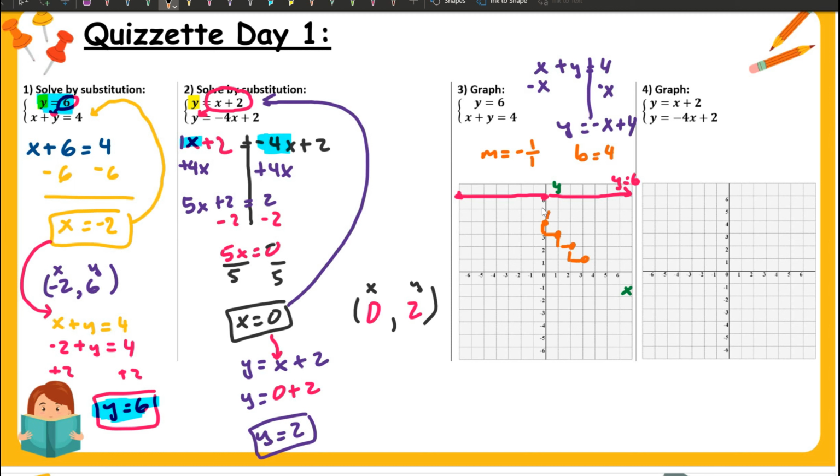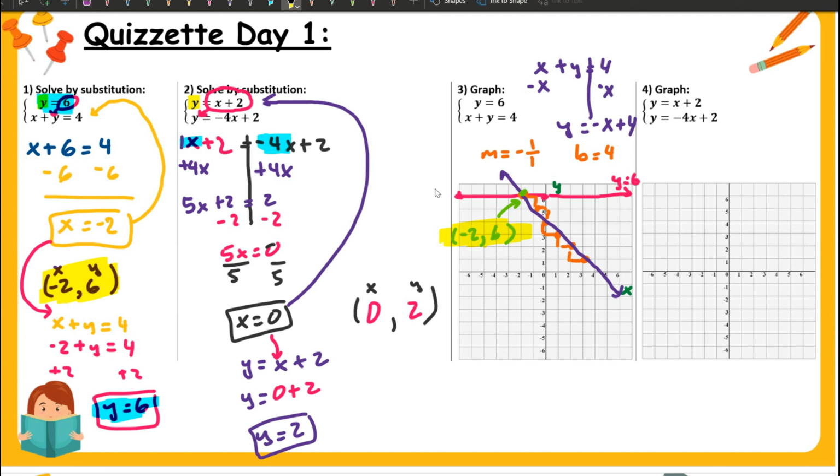Or we can do the reverse, up 1 over 1, up 1 over 1. Then the line looks like this. The lines cross at this point right here, where the x value is -2 and the y value is 6. Which is the same answer we had earlier, -2, 6. So that means the answer is correct.